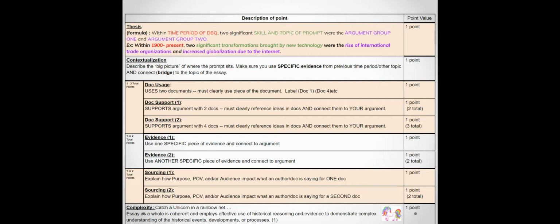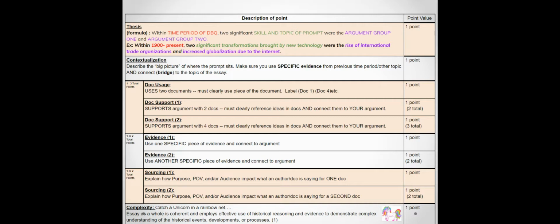And now, sourcing. Last year, you were taught to source 4 documents. You had to explain the author's purpose, point of view, or intended audience, or you could give the historical context of a document. Well, now you are specifically looking at the author's purpose, point of view, or intended audience.